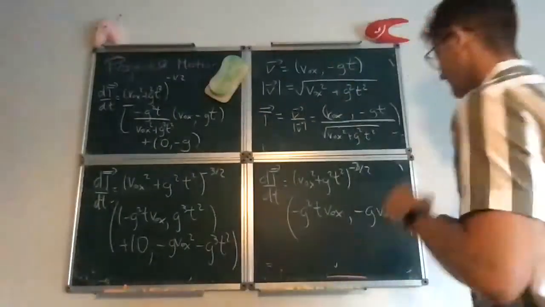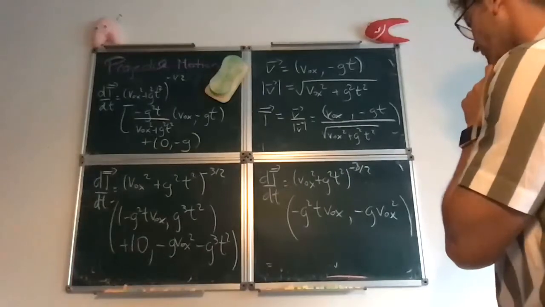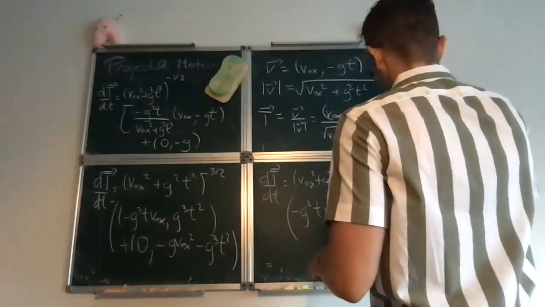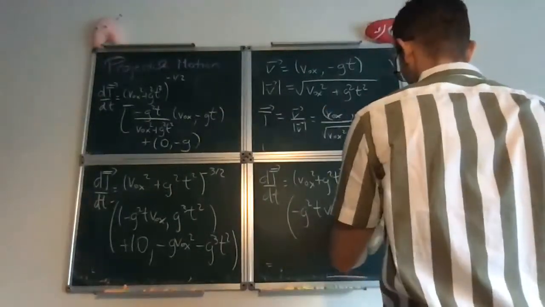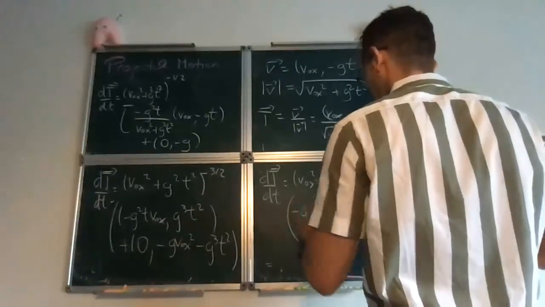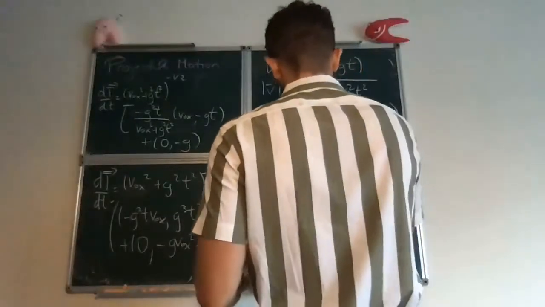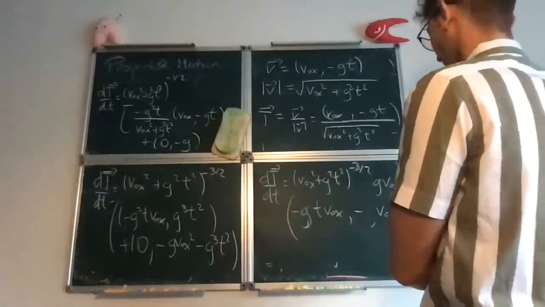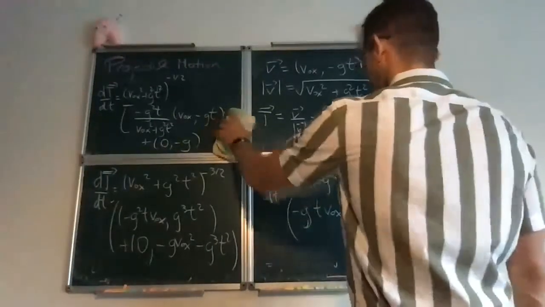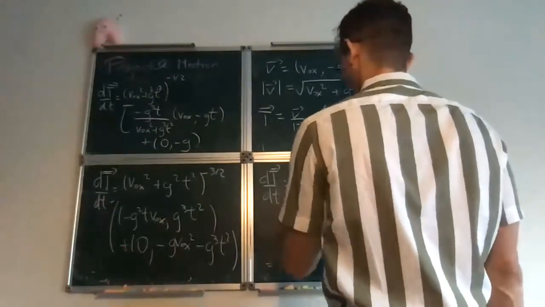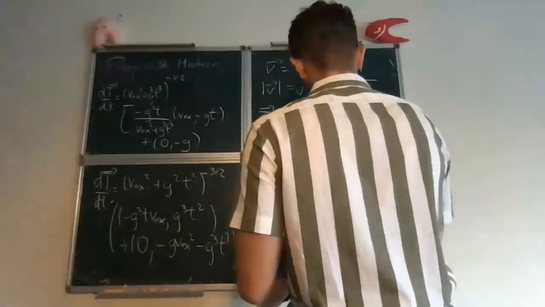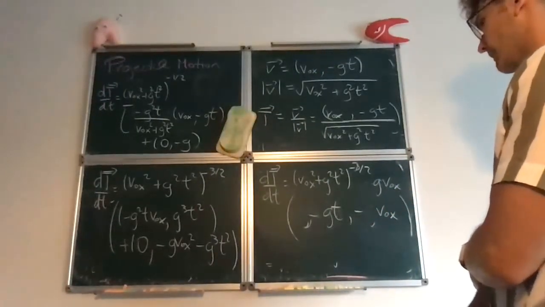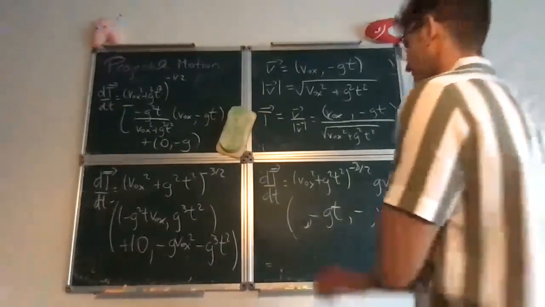And so the norm of this vector: notice that you can factorize g v0x, and when you factorize that, you get this thing, and in fact you could even factorize a negative sign.